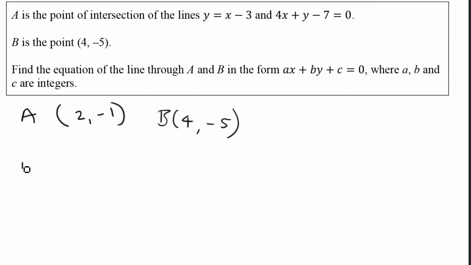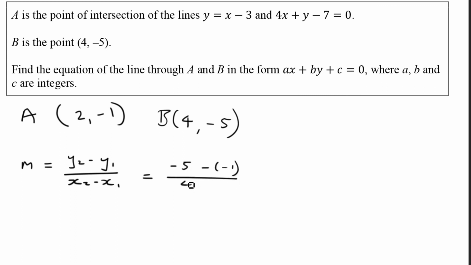So, using the idea that you get a gradient by doing y2 minus y1 over x2 minus x1, we can work out this gradient to be negative 5 subtract negative 1 over 4 subtract 2. That is negative 5 plus 1, which is negative 4, over 2.